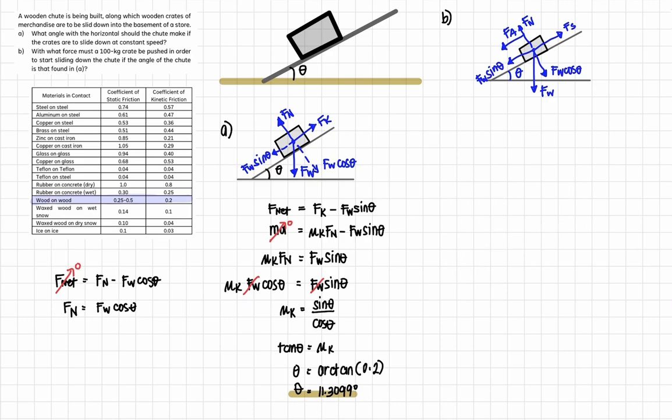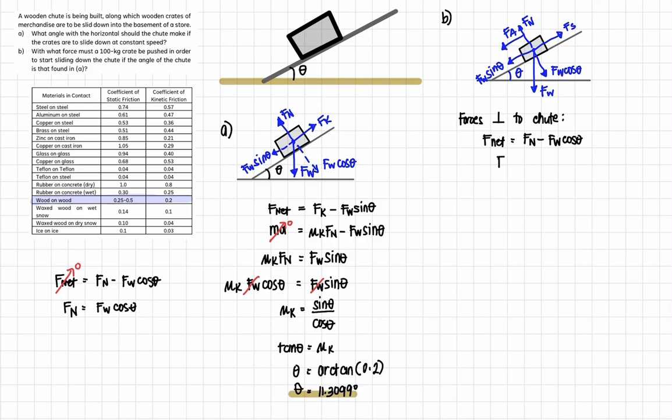So for forces perpendicular to the chute, it is still the same as this one. F net equals Fn minus Fw cosine of theta.